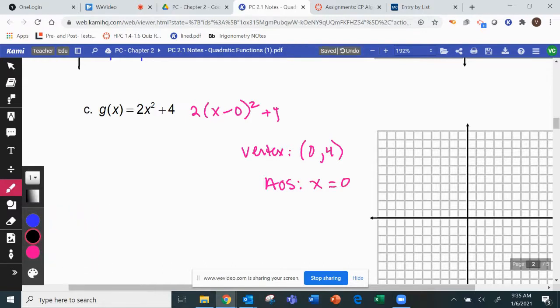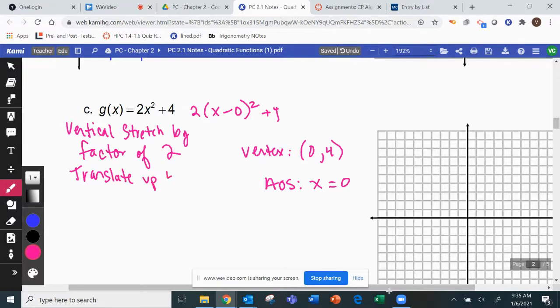My transformations: the 2 in front is a vertical stretch by a factor of 2. And then the plus 4 would be a translate up 4 units.